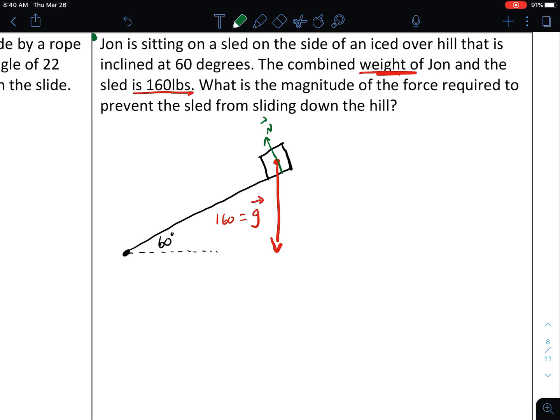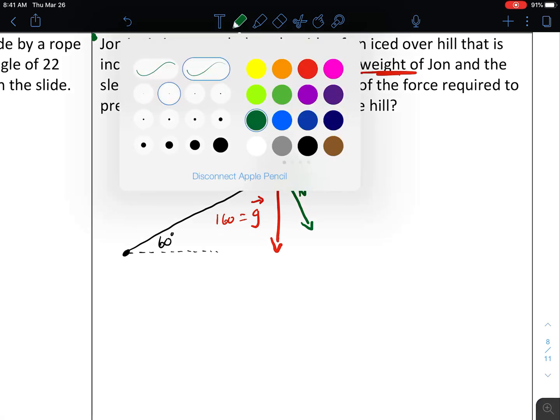Since the normal force always pushes perpendicular to the surface, I'm going to project that vector, because with vectors we can move them around, especially when they're acting on the same object. I'm going to start it at the center, and pull that normal force, which is perpendicular to the surface, down this way. So here's my normal force, the force perpendicular to the surface.